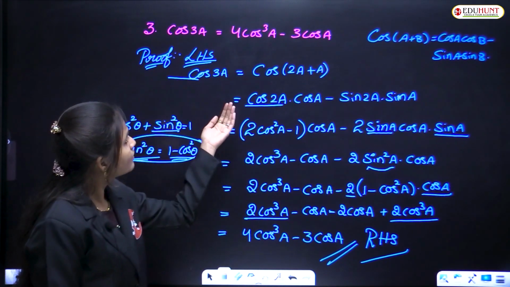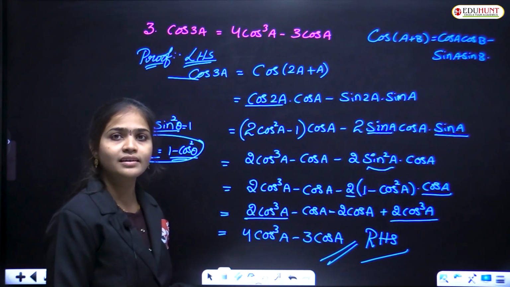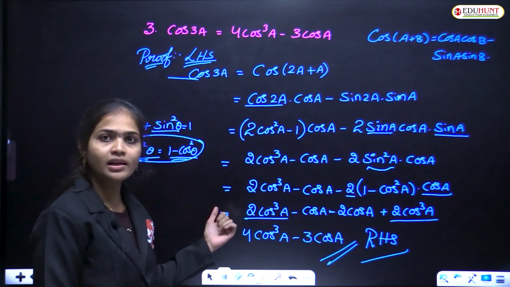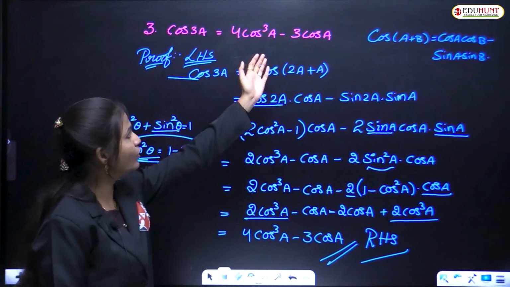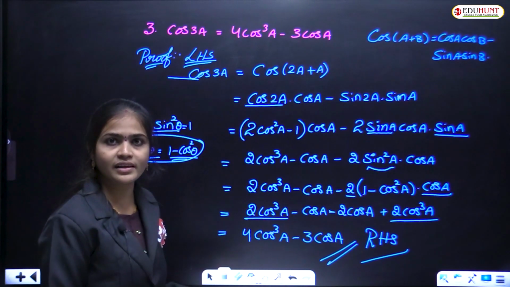By using the same formula, we can write another formula. Just like the previous sin 3A and sin cube A, here also we know the cos 3A formula, right? So from this one, shall we write the cos cube A formula? Yes, we can.